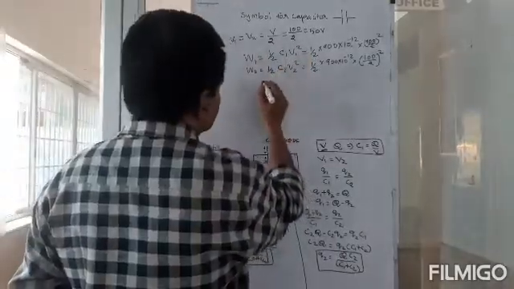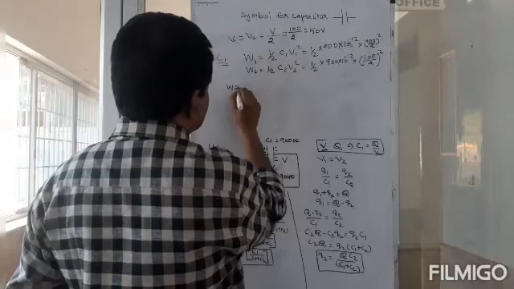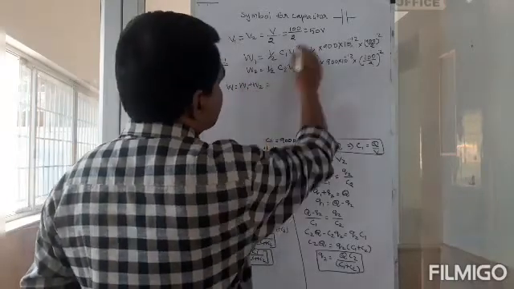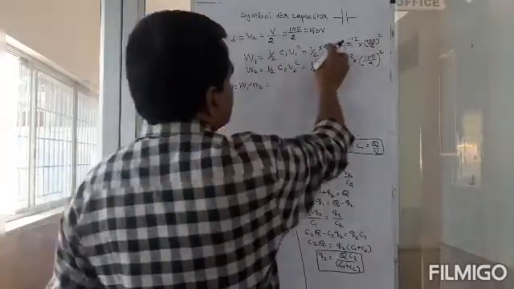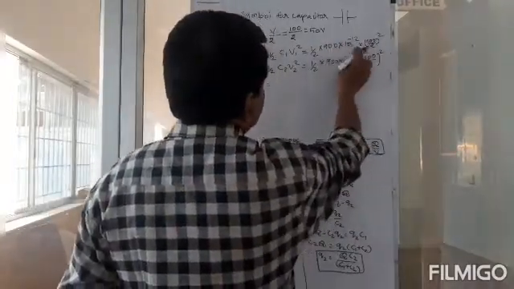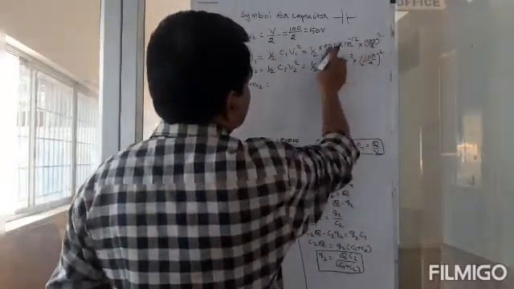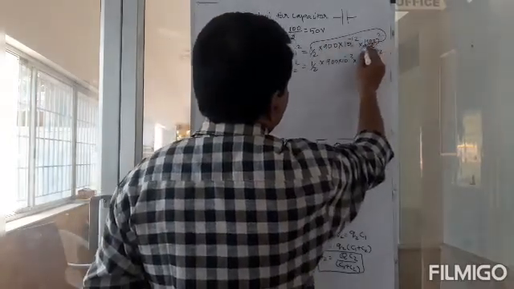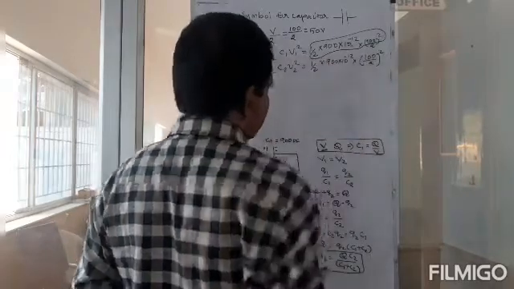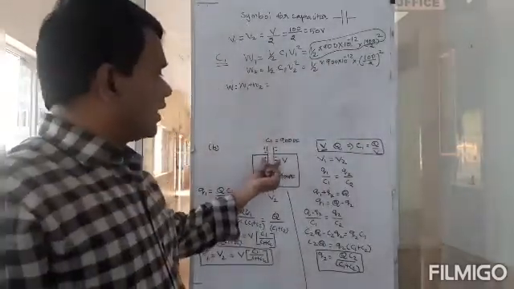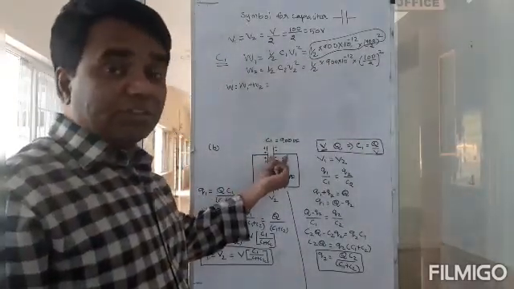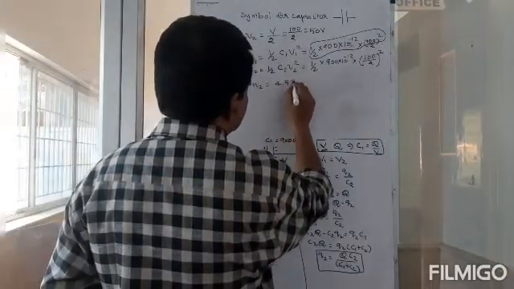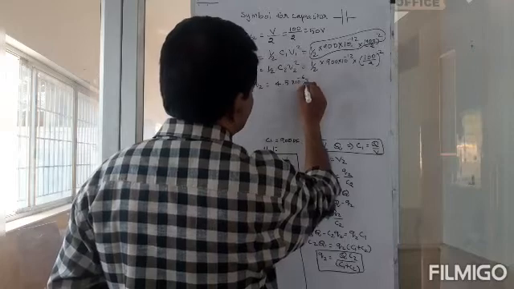So then what's the total energy? It must be equal to W1 plus W2. So I'll add these two. First, what's the value I'll get here? So this, you remember, was the energy you had in this first. That was equal to 4.5 into 10 power minus 6 joules.